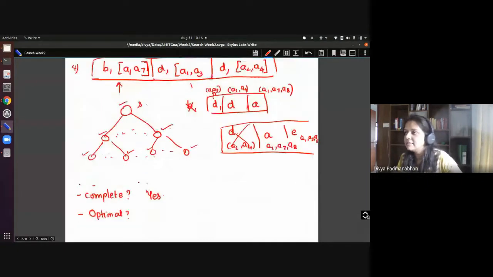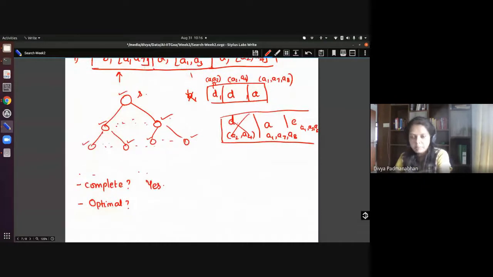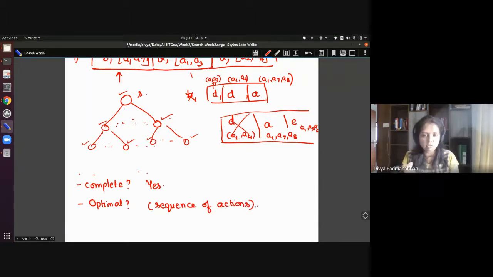So when we look at optimality, Tanuja, one point that you raised is about states being visited multiple times and such things. But in terms of optimality here, what we are talking of is only the sequence of actions: is it the smallest possible sequence of actions?